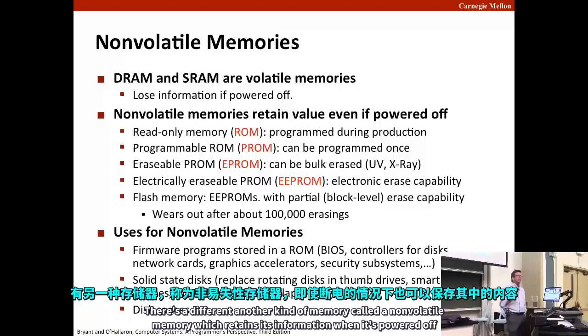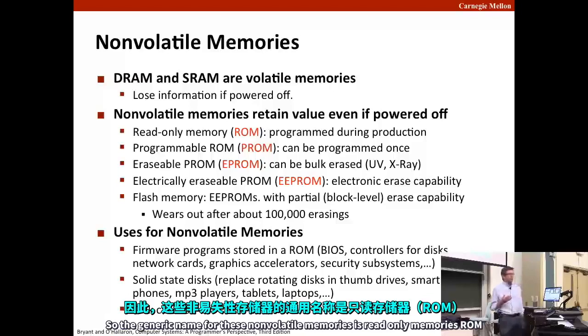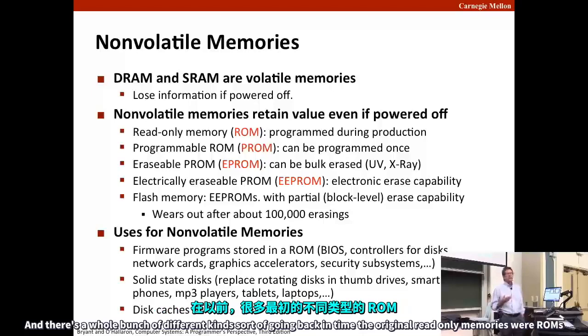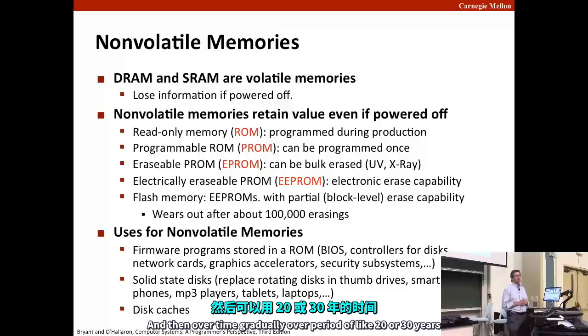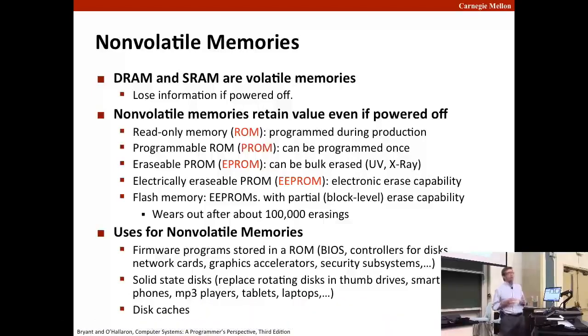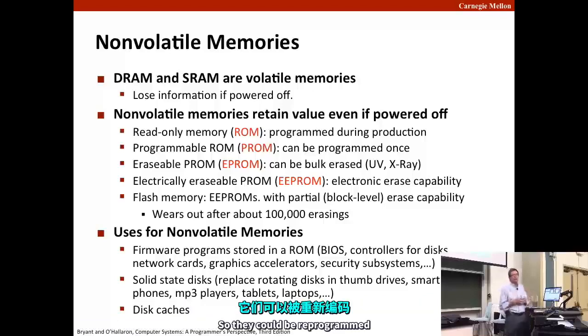There's another kind of memory called non-volatile memory, which retains its information when it's powered off. There's a whole bunch of these, and the generic name for them is read-only memories, or ROMs. Going back in time, the original ROMs could only be programmed once, when the chip was produced. Then over a period of 20 or 30 years, there were improvements in the way that ROMs could be programmed and erased, so they could be reprogrammed.